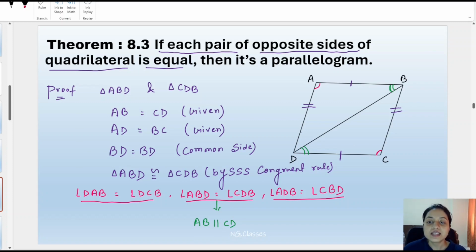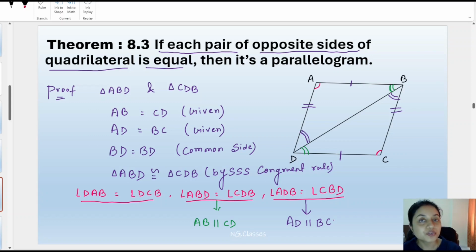And since angle ADB, that is this purple angle, is equal to angle CBD, hence we can say that AD must be parallel to BC. From here we got that we were having a quadrilateral ABCD where opposite sides were equal in length.